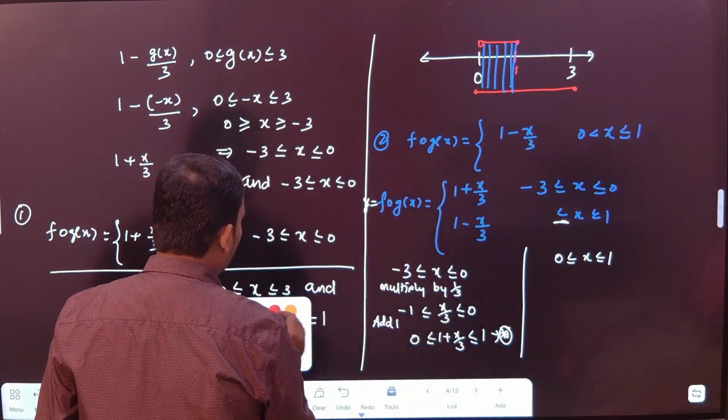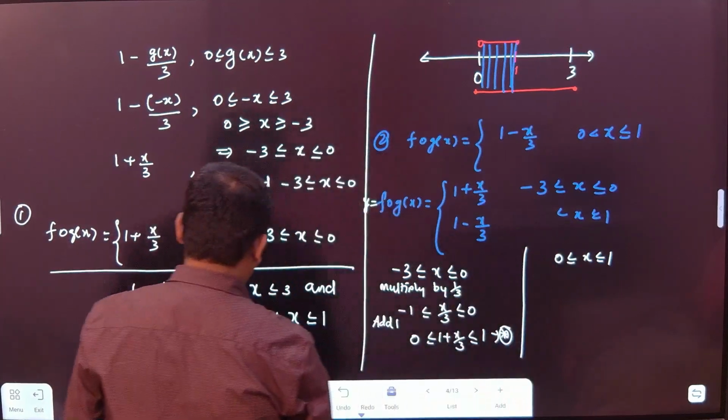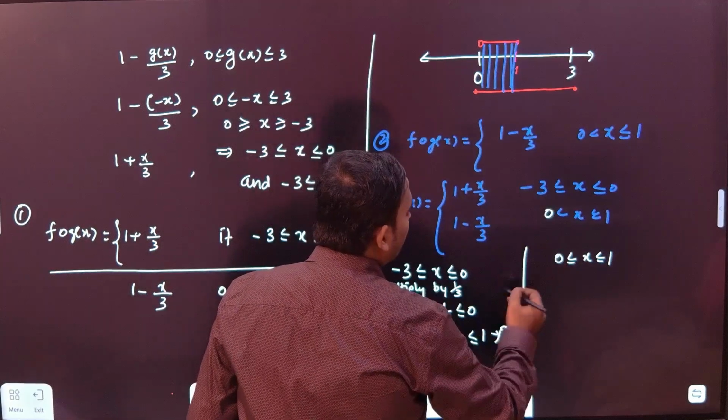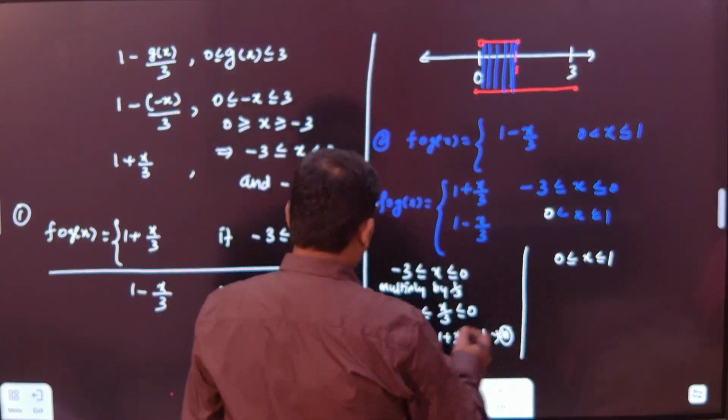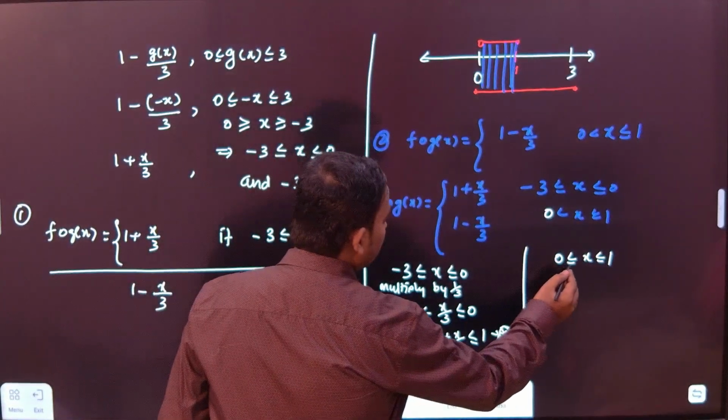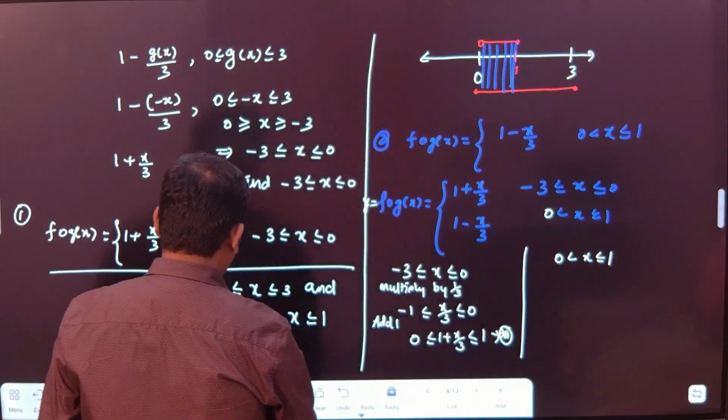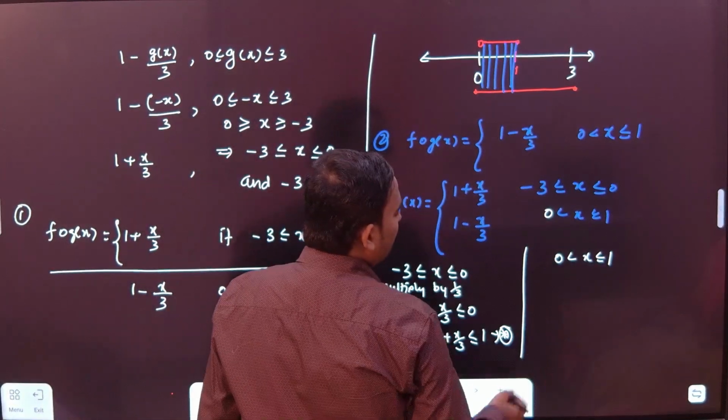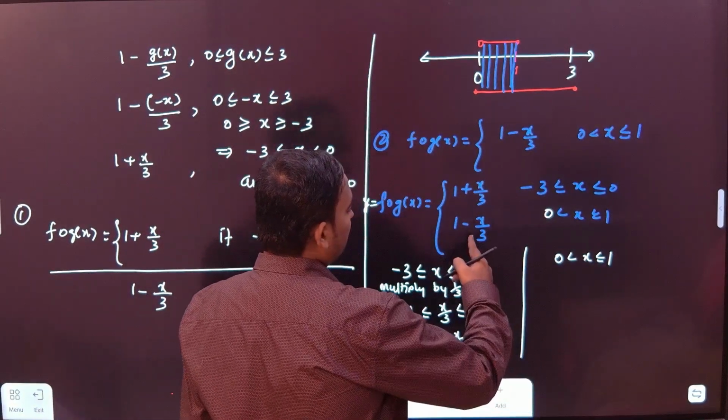So, you can find out. Yes, 0 is not included. So, same way here also is not included. Okay, fine. So, we can multiply.